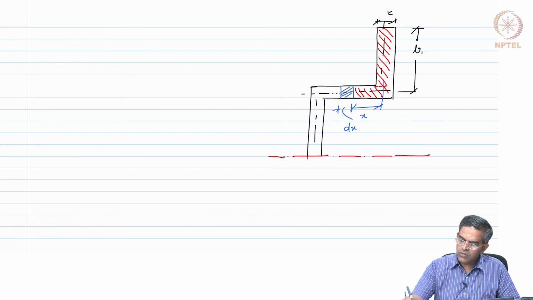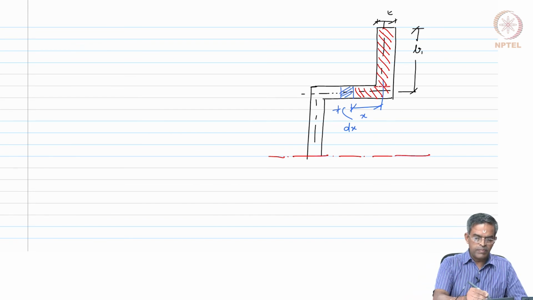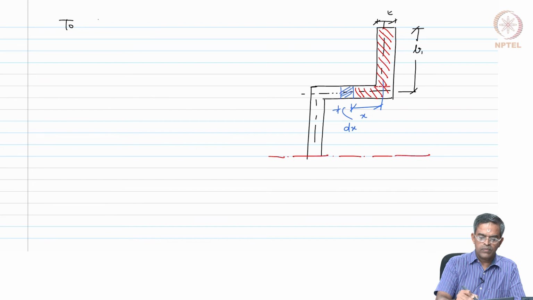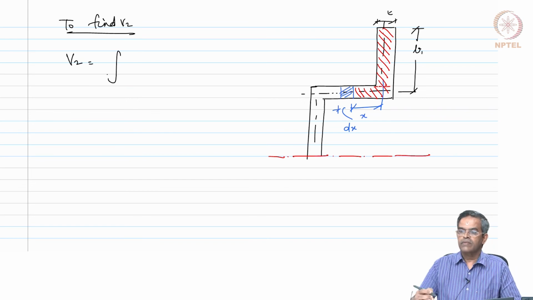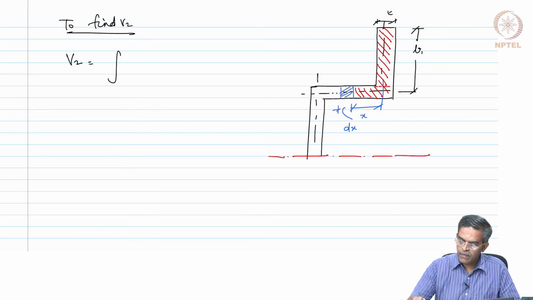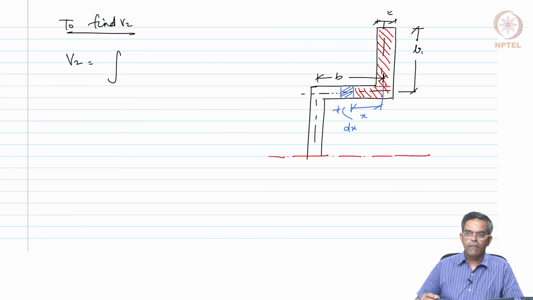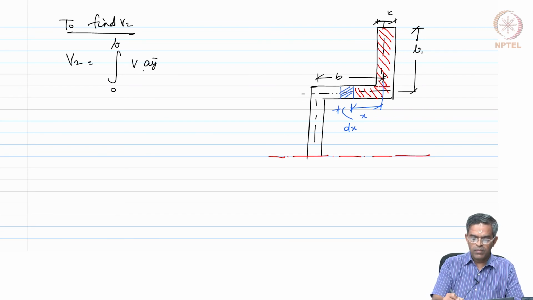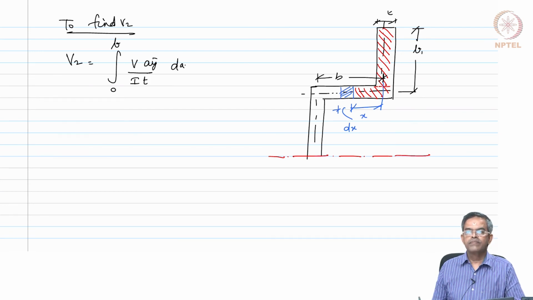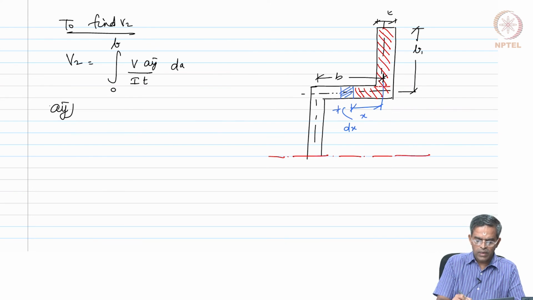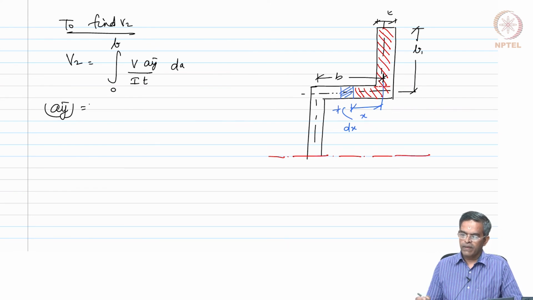So, let us divide this into two parts, and for our simplicity let us find V2. We know V2 is going to integrate, this dimension is B. So, 0 to B, V A y bar by I T of dA. So, let us say what is A y bar for this problem. Let us do it in two parts.